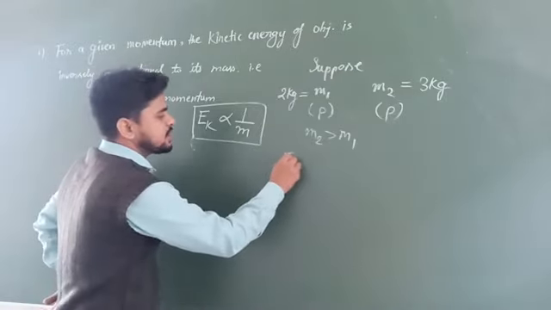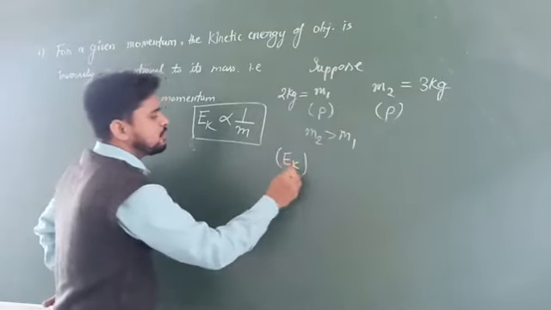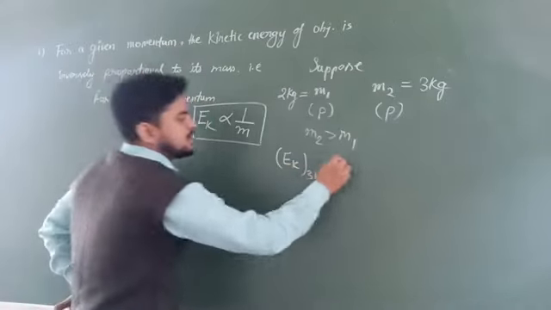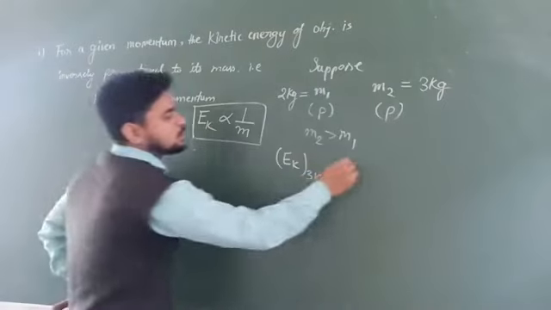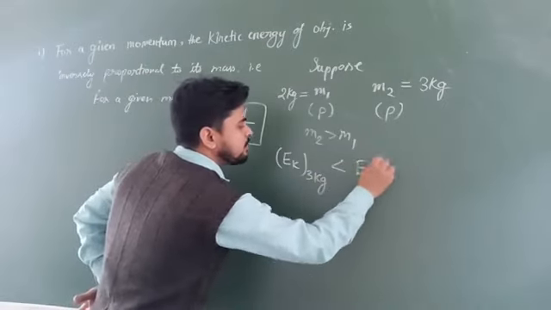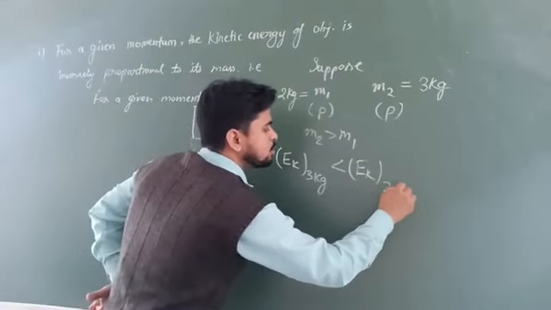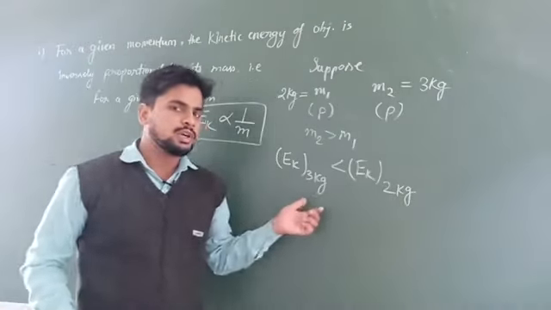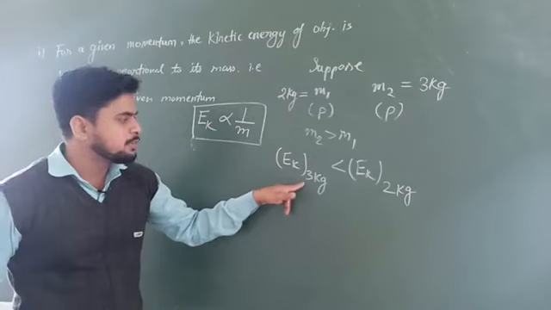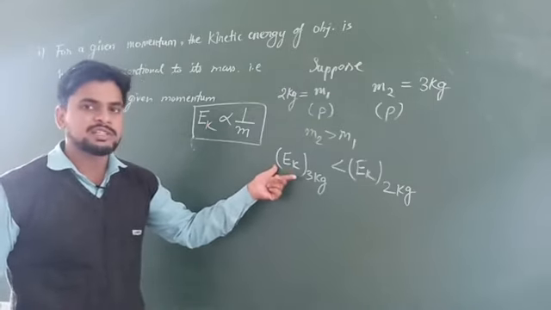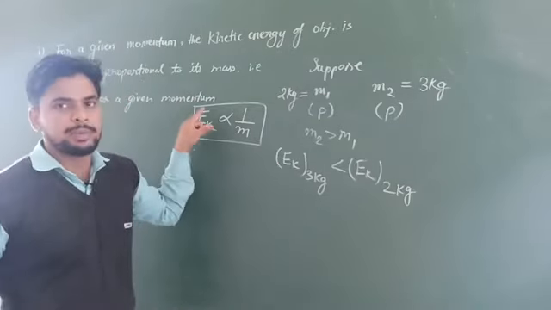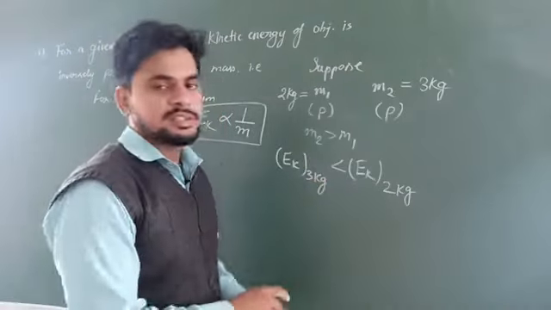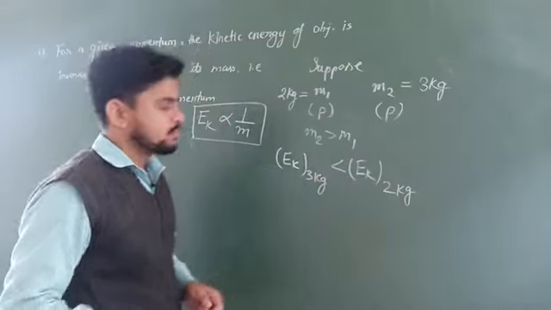It means the kinetic energy of the 3 kg mass is less as compared to the kinetic energy of the 2 kg mass. Why am I saying so? Because we know greater mass has lesser kinetic energy for a given momentum. So this is the required relationship that we have derived.